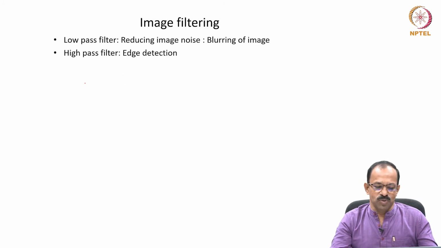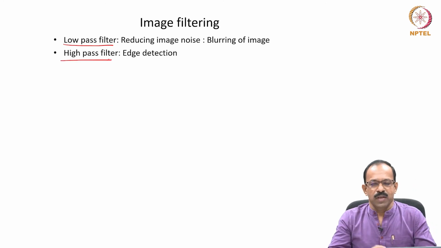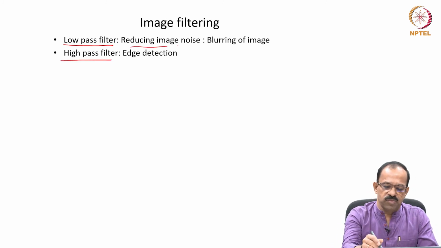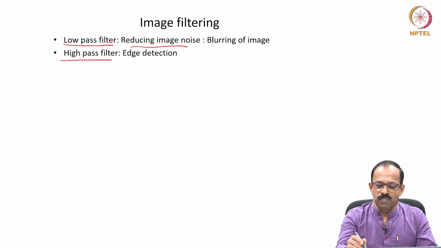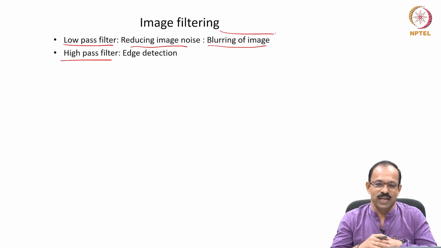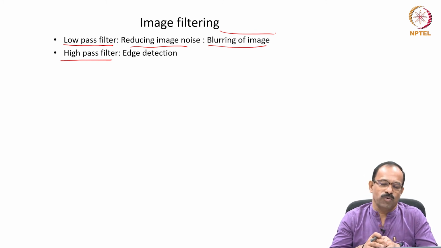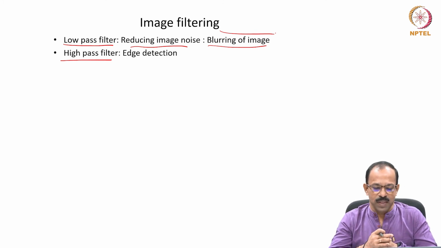What we do is we can have a low pass filter or a high pass filter. In a low pass filter, we try to reduce the image noise, but the image will get blurred. There will be a lot of signals or a lot of data in the image, so we use a filter to reduce the noise or remove unwanted data.